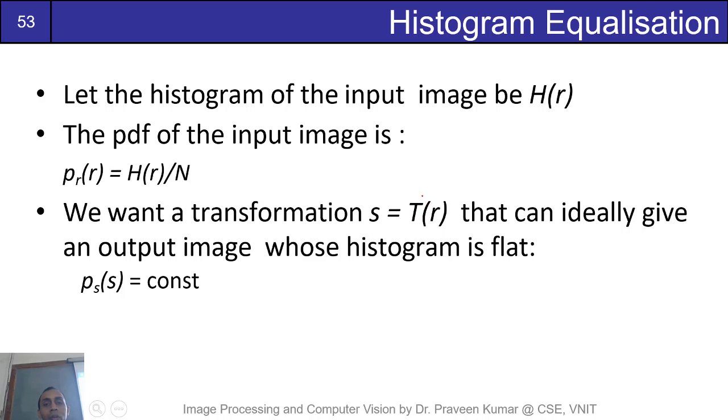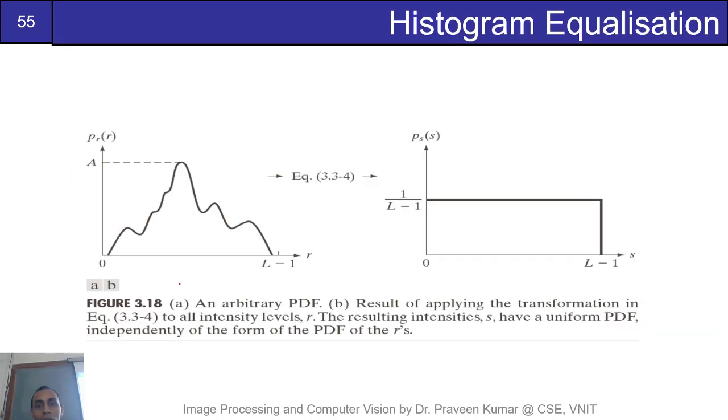And now we will try to derive a transformation function that will give an output image PDF function which is more or less a constant function, because we have seen if you get a histogram which is almost flat, evenly used across all the range, then it will be a kind of an enhanced image. So this is our target.